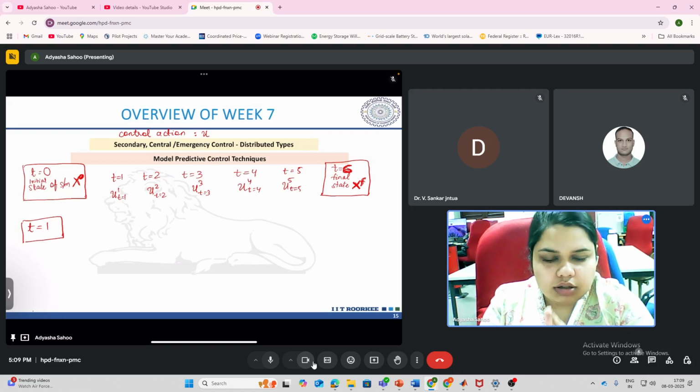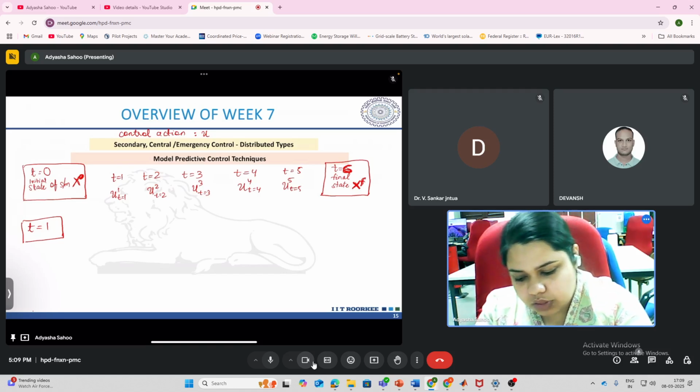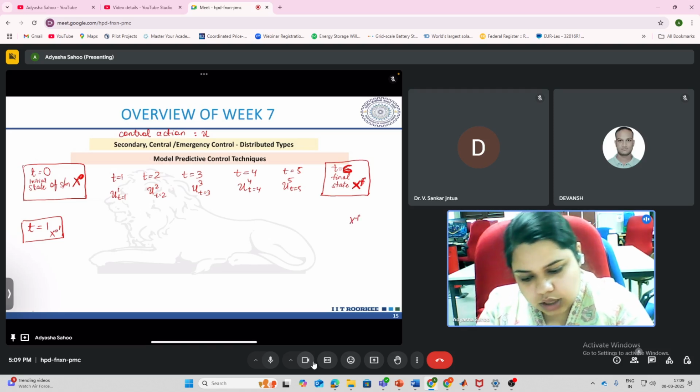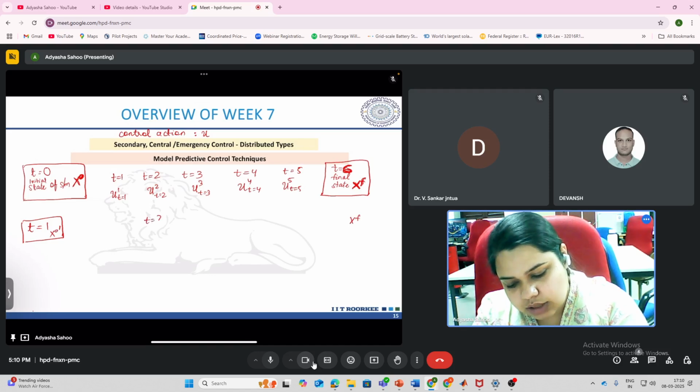You are still in the middle of chapter 1. That means things have not gone as you had planned, so now you have to change the plan. At t equal to 1, you have to go from some x naught dash to xf, but the time has reduced. Now you have only 4 intervals with you.